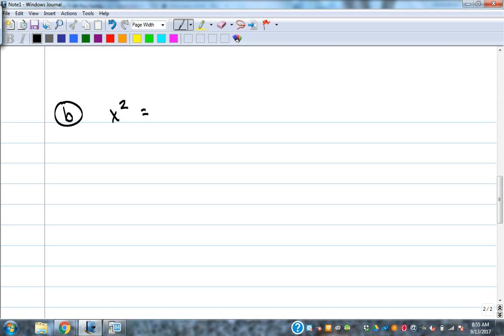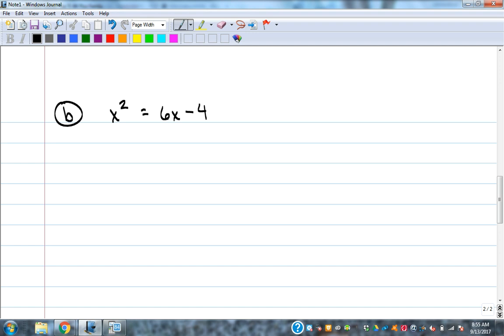x squared equals 6x minus 4. What's wrong with this one? Okay, it's not equal to what? 0. Not necessarily that x squared is on the wrong side, but it's more that it's not equal to 0. That's the problem.